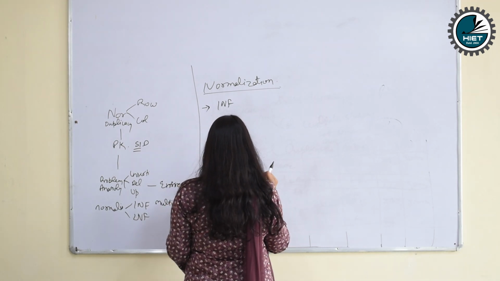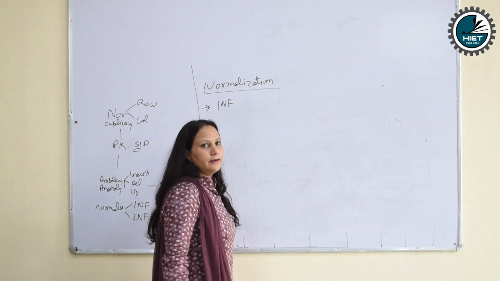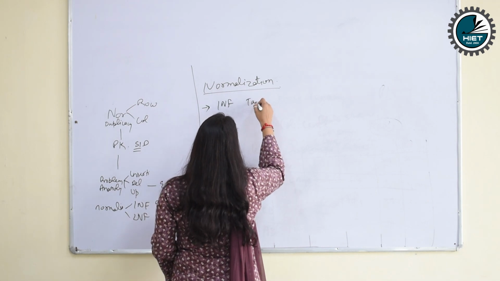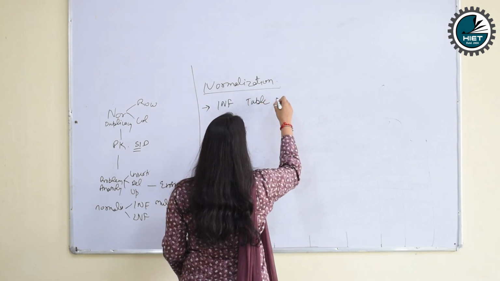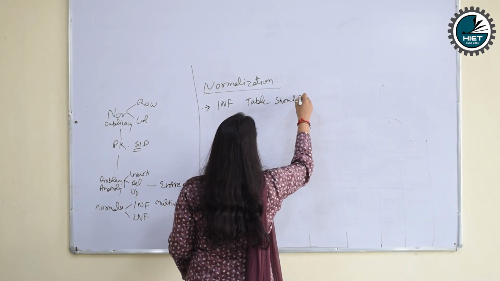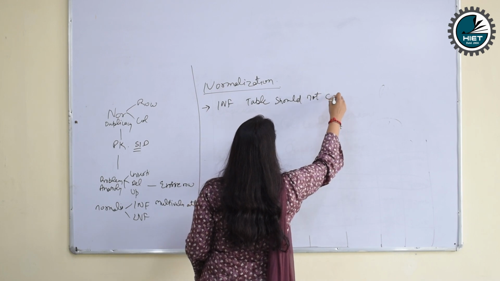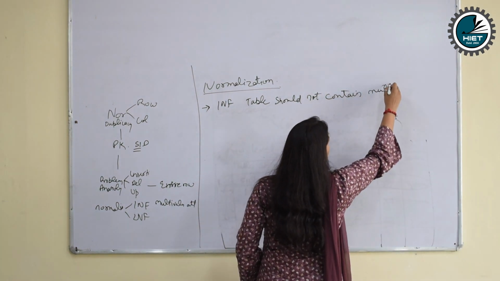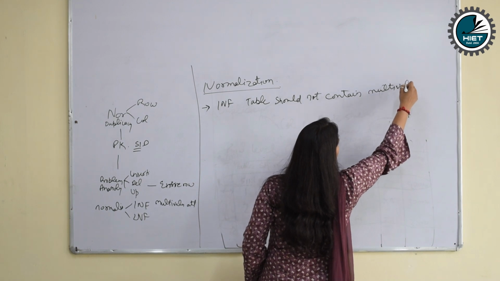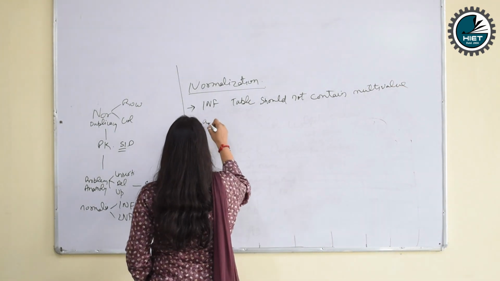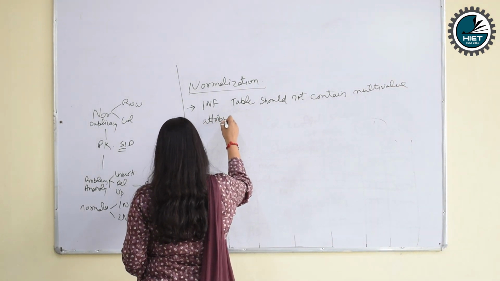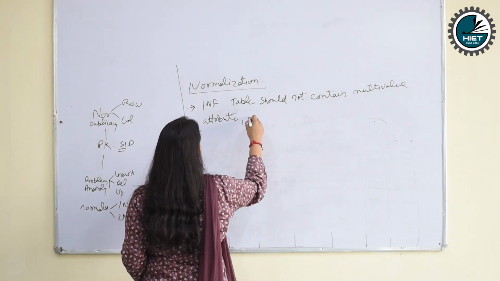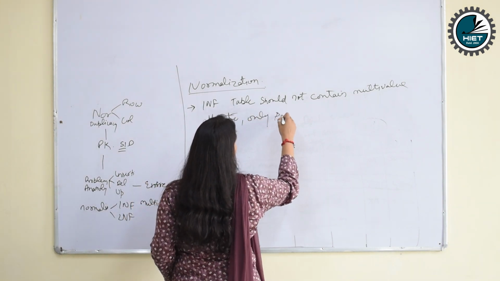In 1NF, the table should not contain a multi-value attribute. It means only a single value.